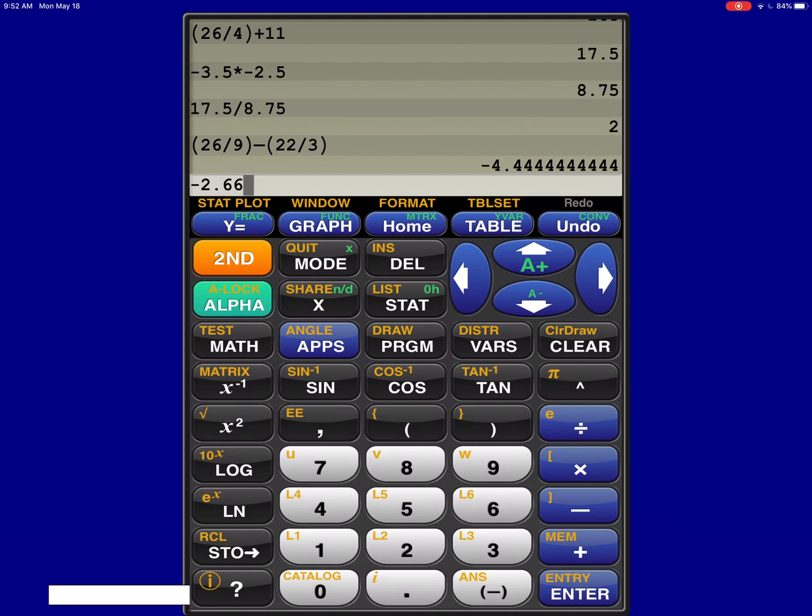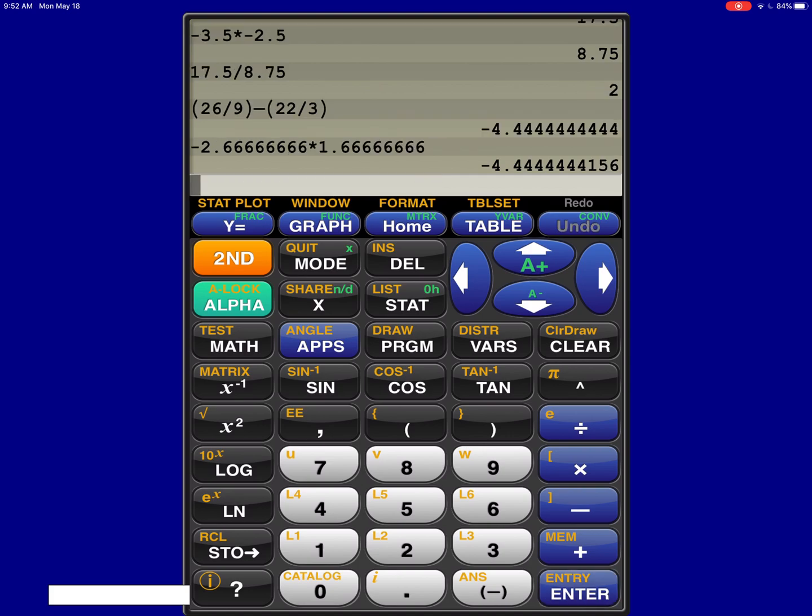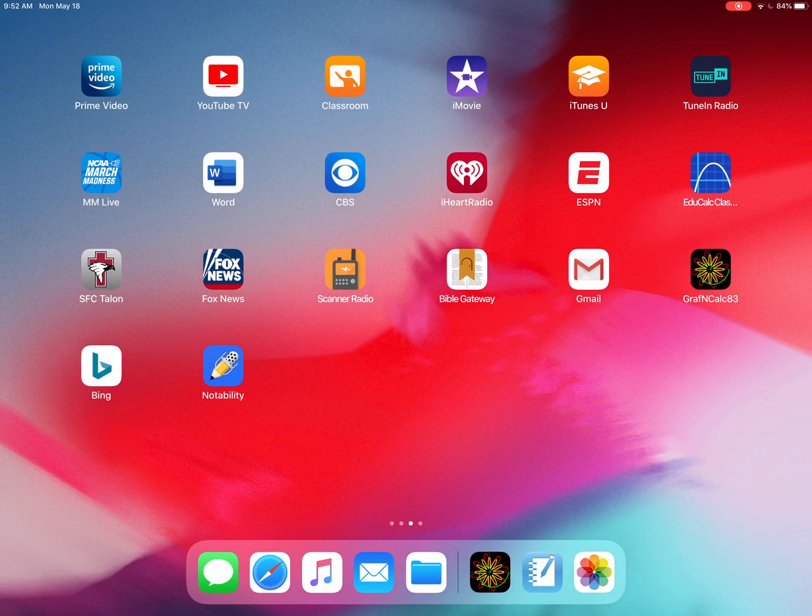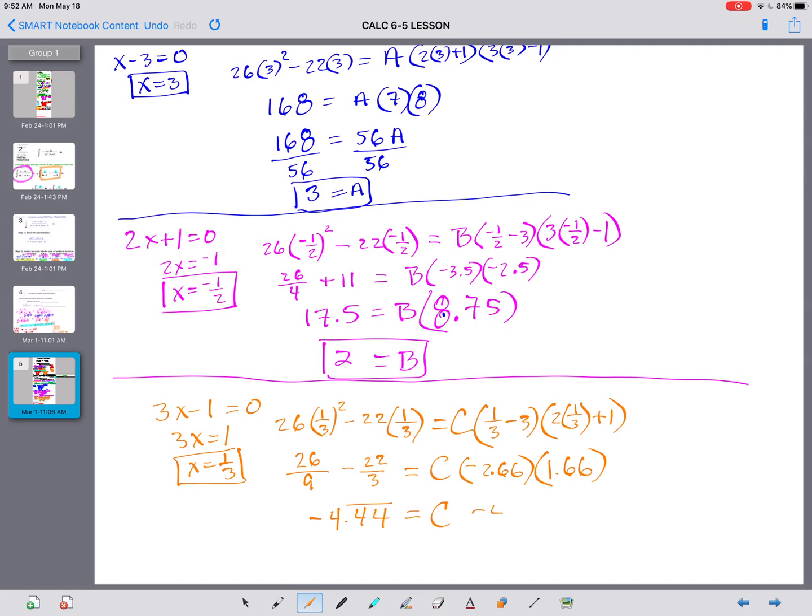Negative 2.6666 times 1.6666 is negative 4.4444, negative 4.44 repeating. Dividing both sides, C equals 1. Now we've got our A, B, and C.